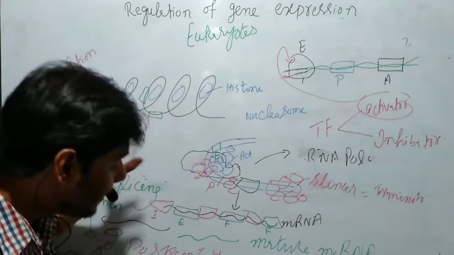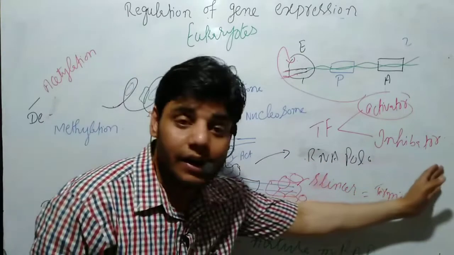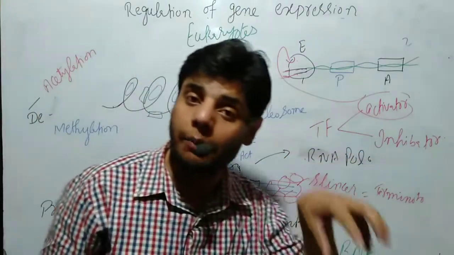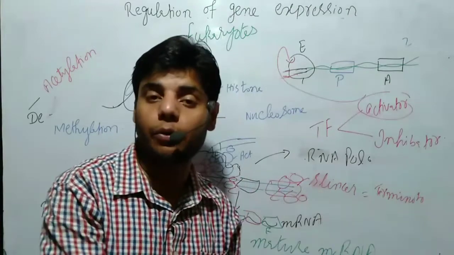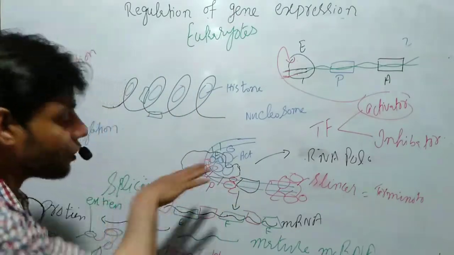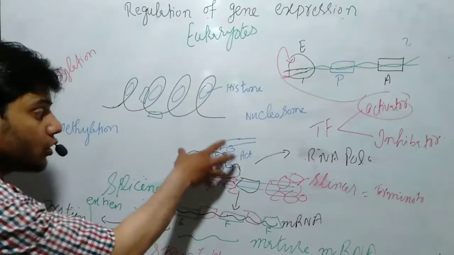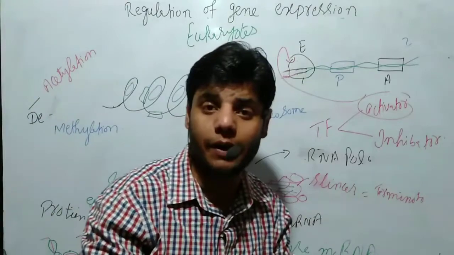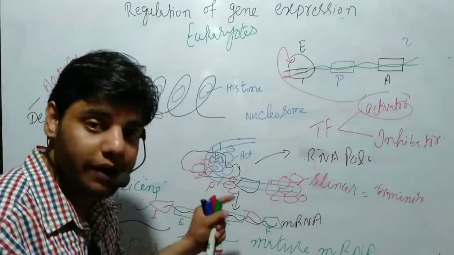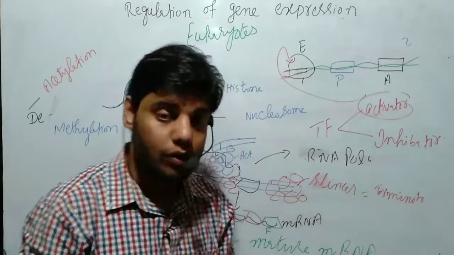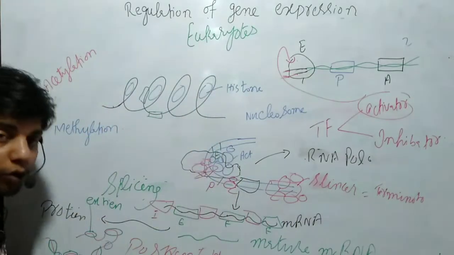When the inhibitor or repressor protein binds, the RNA polymerase cannot bind, because the inhibitor protein already occupies the place of the RNA polymerase. There is no particular area where the RNA polymerase can bind. So when the RNA polymerase is not binding, the gene expression will be stopped or turned off. This is how the gene will be turned off.